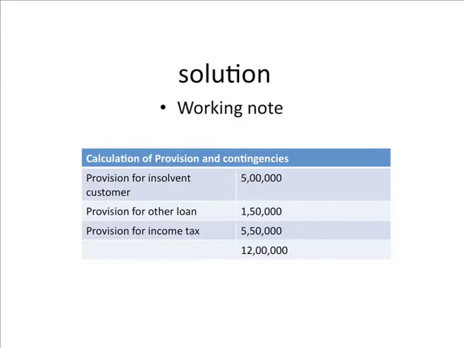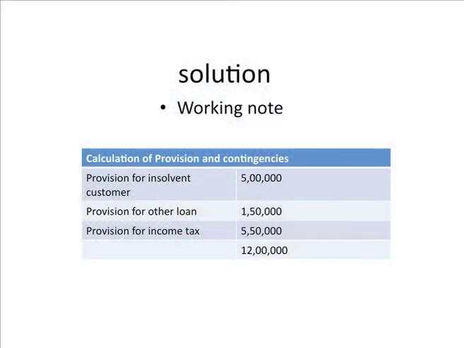Another working note is calculation of provisions and contingencies. Provision for insolvent customer 5 lakh. In additional information point 1, it was said that a customer having 10 lakh rupees has become insolvent and only 50% is supposed to be recovered from his estate. So we are going to prepare the provision for insolvent customer at 50% of 10 lakh, that is 5 lakh.